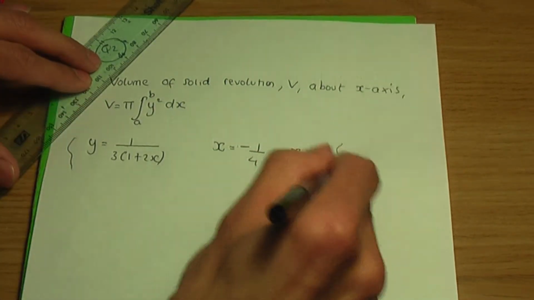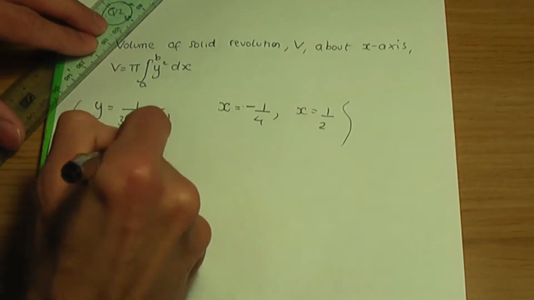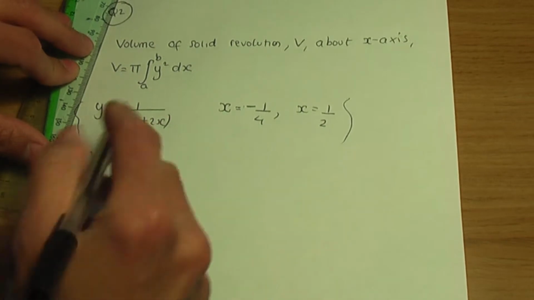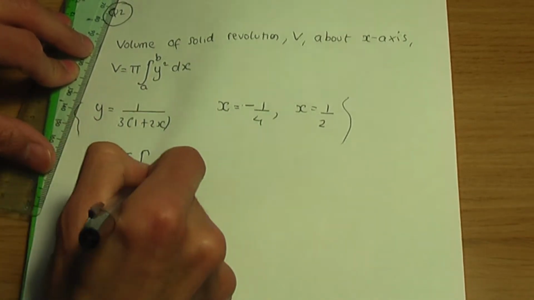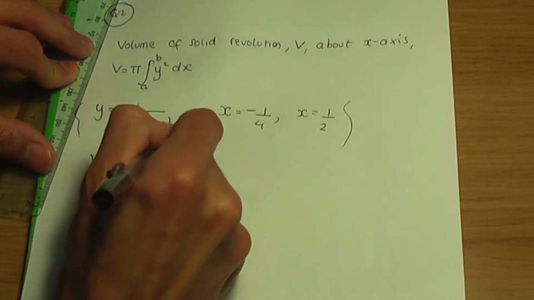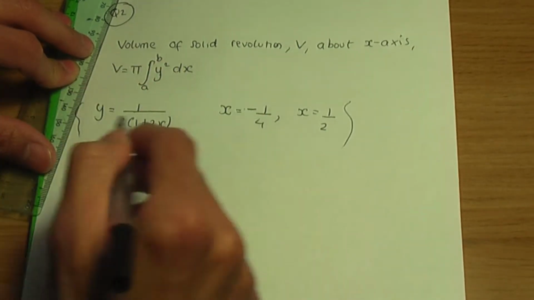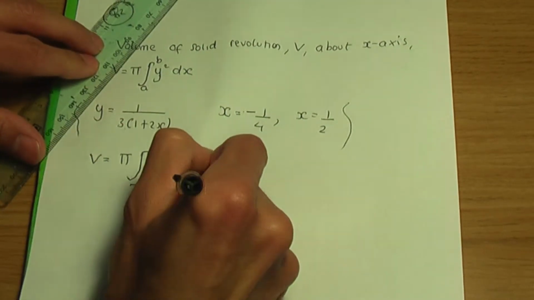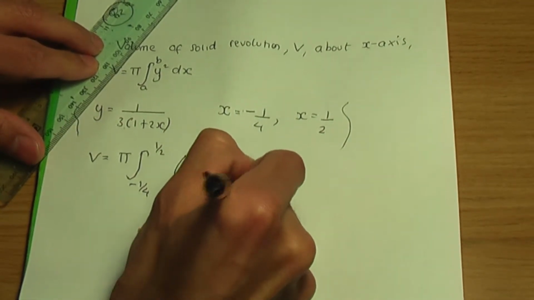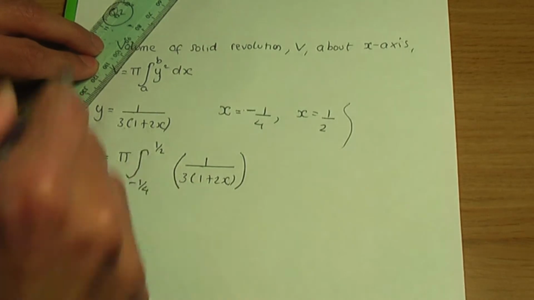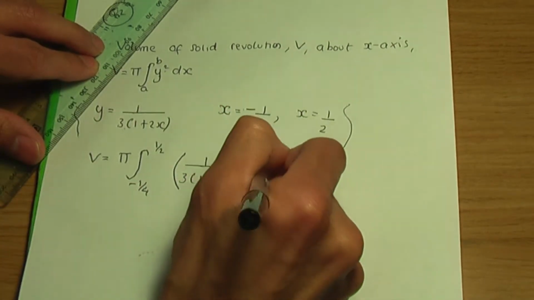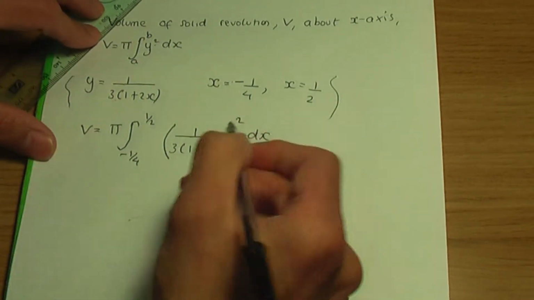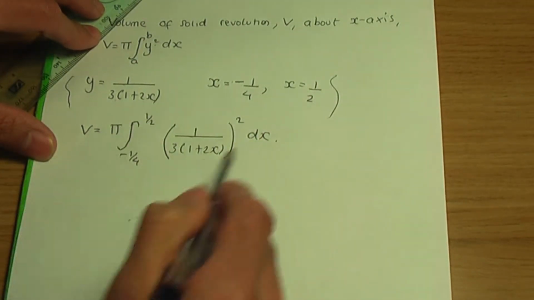So let's incorporate this data in the formula to give us V. V is pi into the integration. So the limits are minus a quarter and half. Y is 1 over 3 into 1 plus 2x. Let's close that bracket, not forgetting to square, with respect to x. So let me get rid of the brackets.